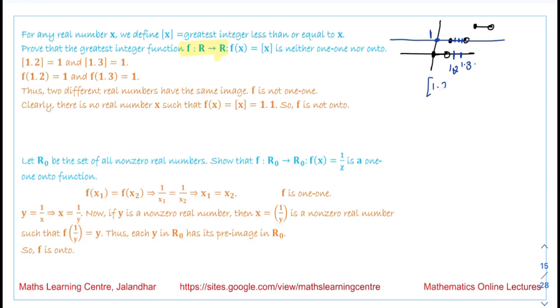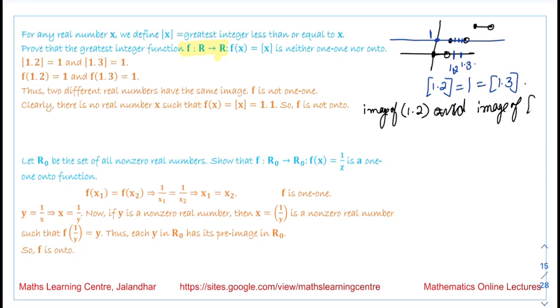What is the greatest integer function of 1.2? It is 1. What is the greatest integer function of 1.3? It is 1. So there are different elements in R whose images are the same. That is, the image of 1.2 and the image of 1.3 are the same. So this function is not a 1-1 function.